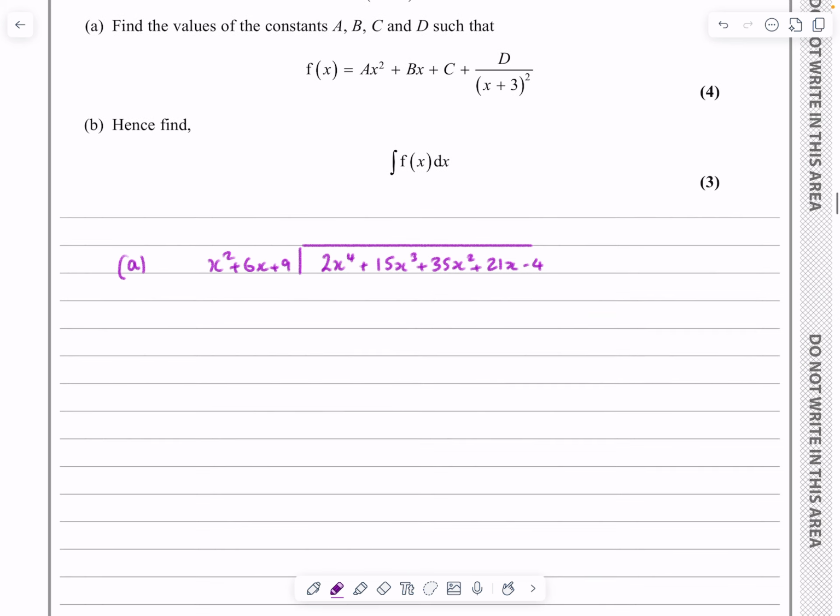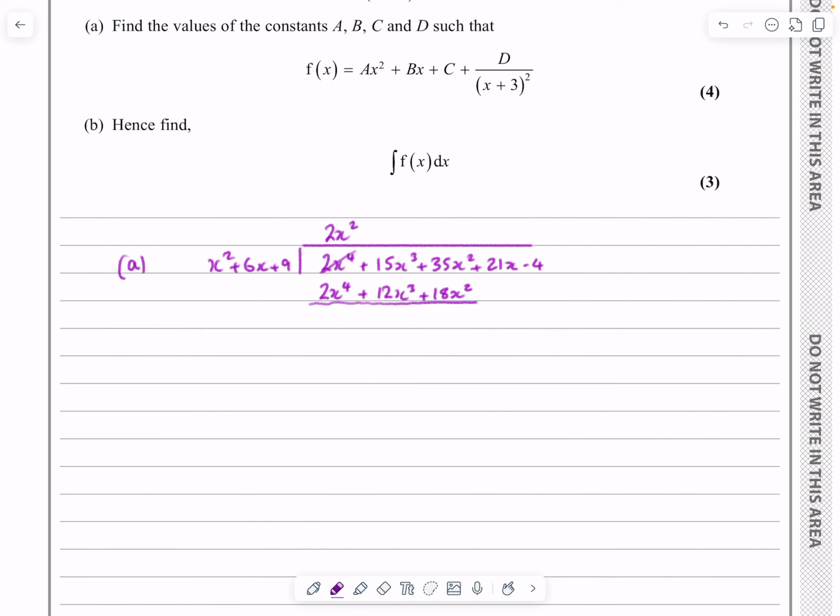So a quick reminder of algebraic long division. We say how many times does x squared go into 2x to the 4? That's my first thing to check. It goes in 2x squared times, and then it's this multiplied by everything there, which is going to give me 2x to the 4, that must be exactly the same, plus 12x cubed and plus 18x squared, and then I'm going to subtract that away.